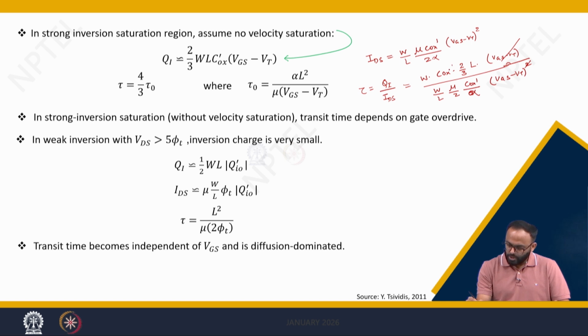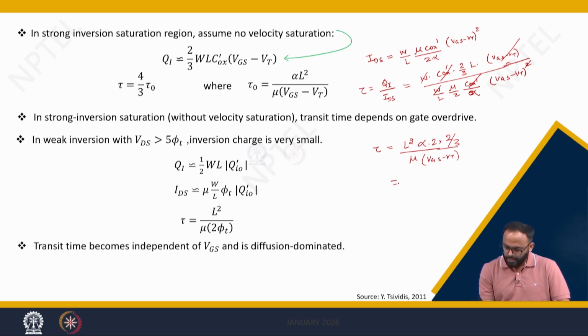So here Cox dash will get cancelled, then W will get cancelled, and ultimately you will get tau is equal to L square divided by 2 mu into Vgs minus Vt into alpha into 2 by 3. This 2 will go in the numerator.